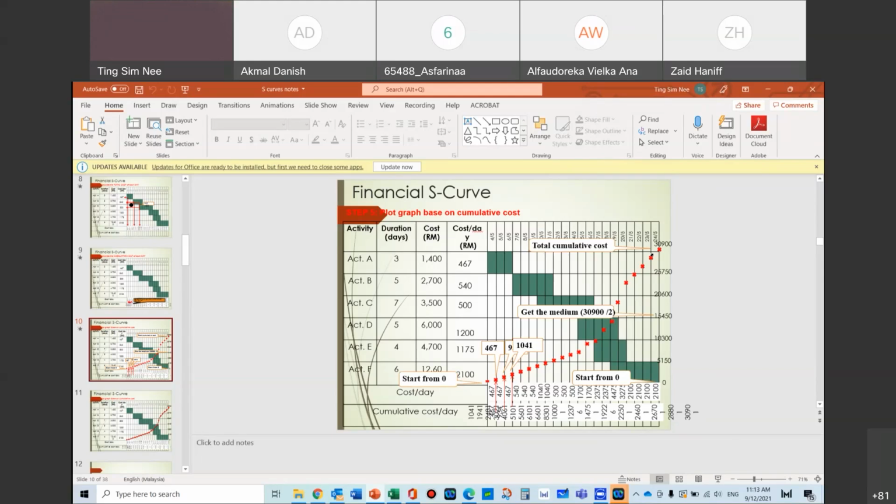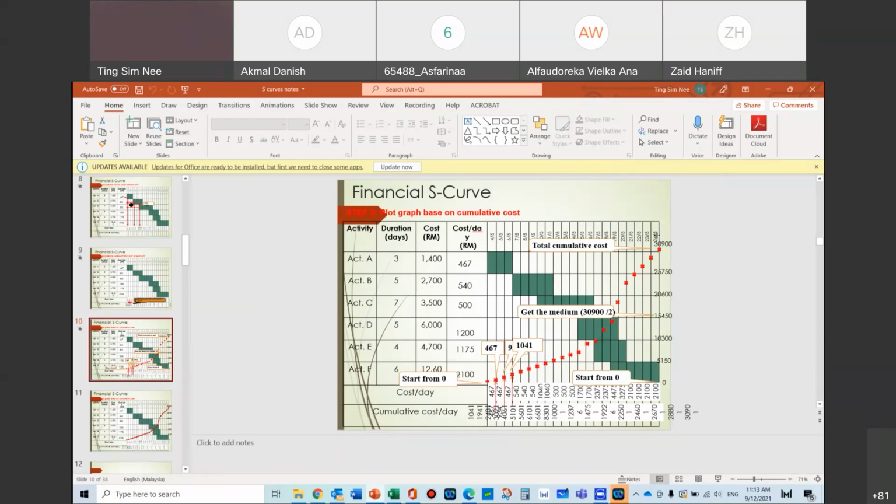So cumulative and the financial S-curve is what you plan. You plan to show your client this is how you're going to spend the budget over the next 18 months, over the next 6 months, over the next few days. Here is days, here is like 20 days. There is a lot of other information that will come with it later.